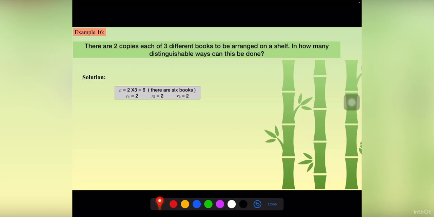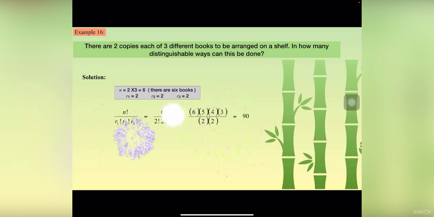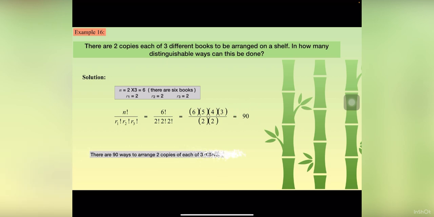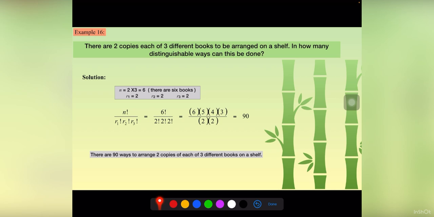So the number of ways to arrange the 6 books is n factorial over R1 factorial times R2 factorial times R3 factorial, which equals 6 factorial over 2 factorial times 2 factorial times 2 factorial. You can calculate this using your calculator. We have 90 ways. So there are 90 ways to arrange 2 copies of each of 3 different books on a shelf.